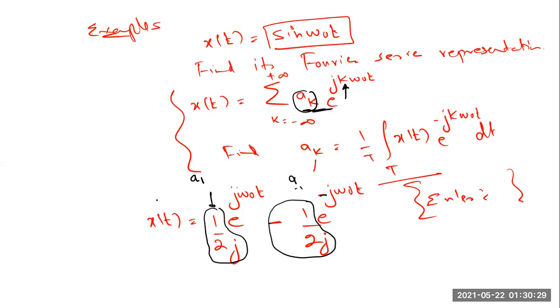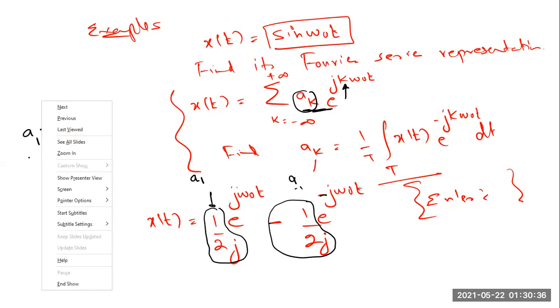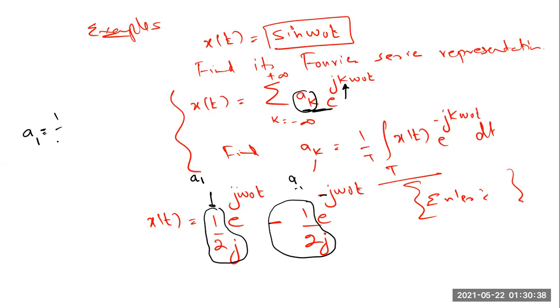So what we can conclude from this representation: for this signal, a_1 is equal to 1 over 2j. a_minus 1 is equal to minus 1 over 2j. And for all other values, a_k is 0, if k is not equal to plus or minus 1.